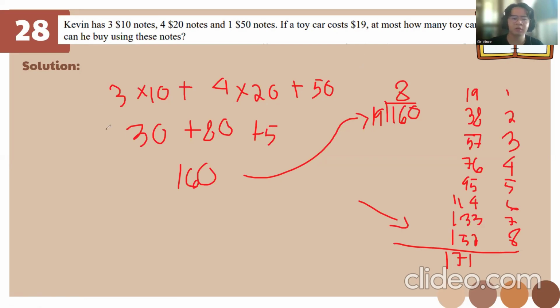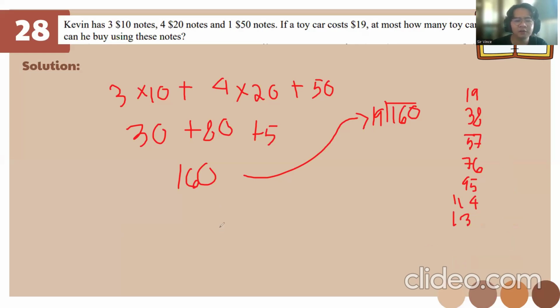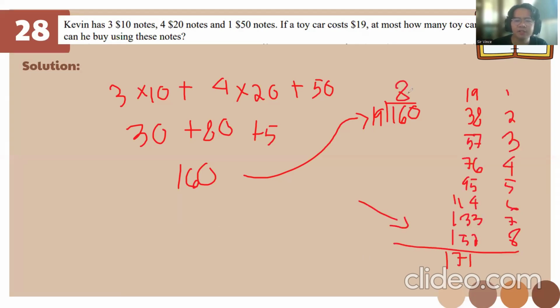Okay. Are we good on this? The answer is 8. 27 is 24. We don't need to find the remainder for this one. The answer is 8, because we don't need to find the remainder since it's asking for how many toy cars.